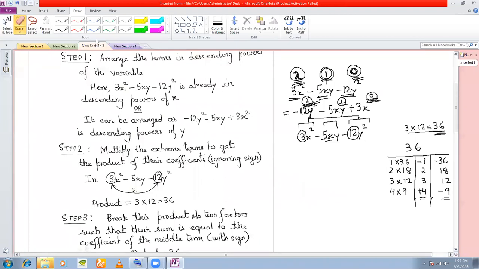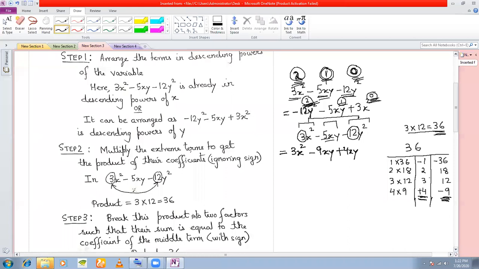See, the point here is that I want to break the middle term. Okay, I've got the factors plus 4 and minus 9. Because of minus 9, I'll write a minus 9xy here. Understood? And because of plus 4, I'll write a plus 4xy. Now is that clear?